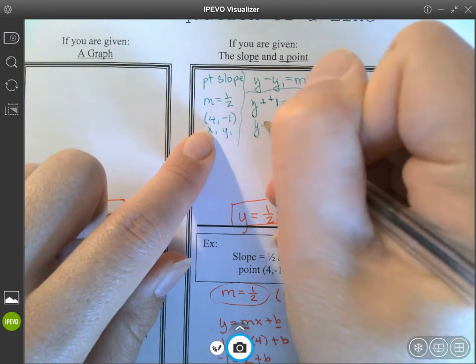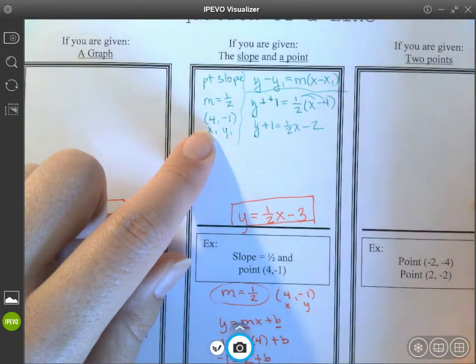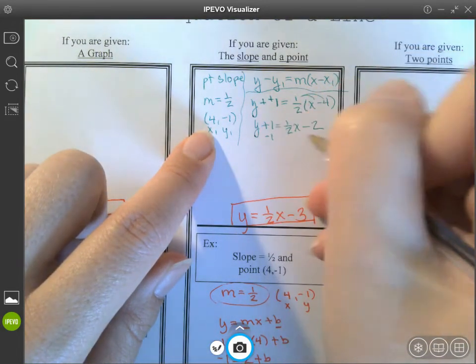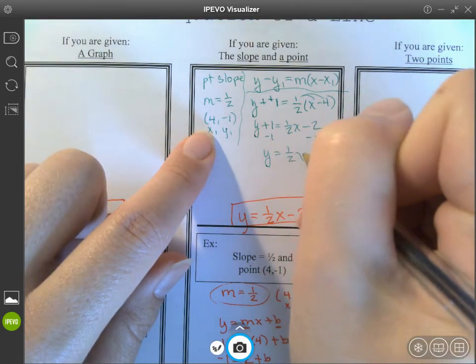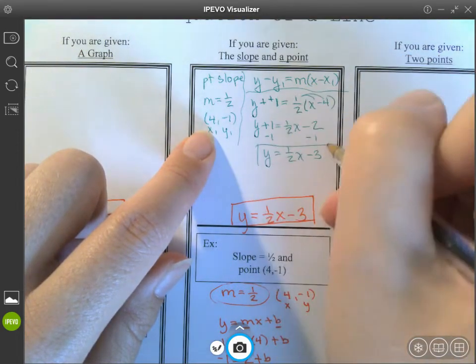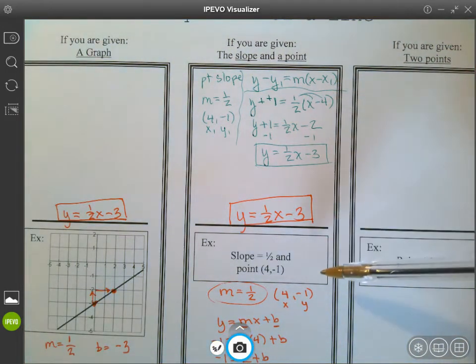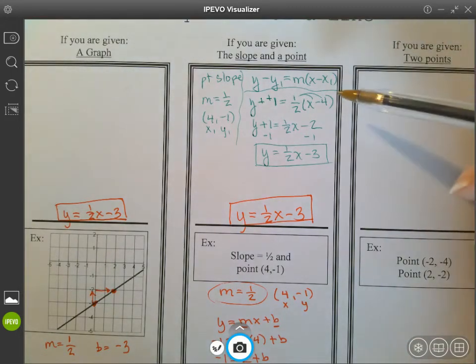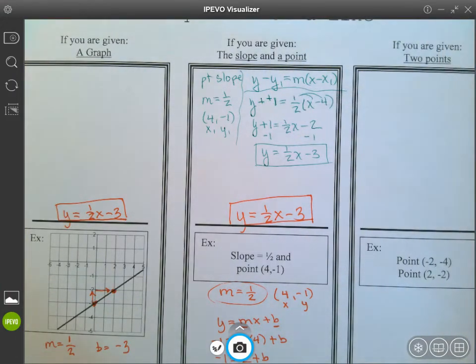I get y plus 1 equals 1/2 x minus 2. And then I solve for y by subtracting the 1, I get y equals 1/2 x minus 3. So you can see that I can do this using point slope or slope-intercept form. I get the same equation. Now, if you're told to put your equation in point slope form, this would have been it. You would have cleaned up your negative signs and left it just like that.